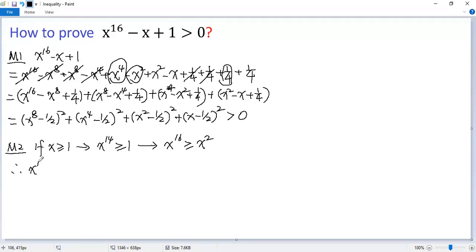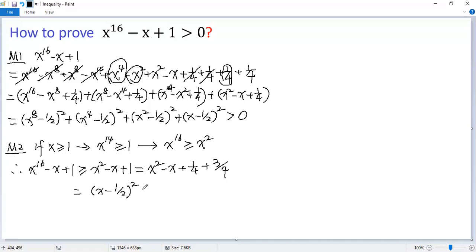So x to the power of 16 minus x plus 1 is greater than or equal to x squared minus x plus 1. We can write this as x squared minus x plus a quarter, and then plus 3 quarters. You see, the first part is a perfect square, x minus half squared, and then plus 3 over 4. Of course, greater than 0.